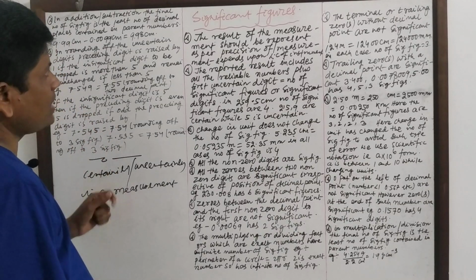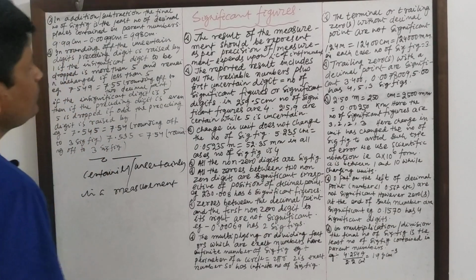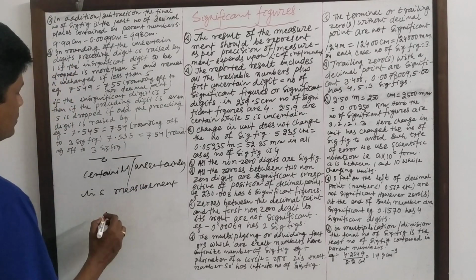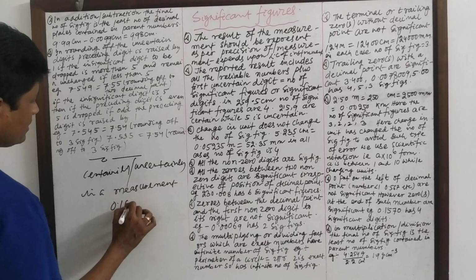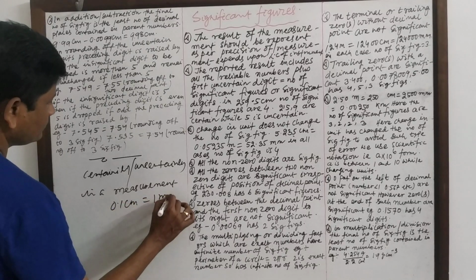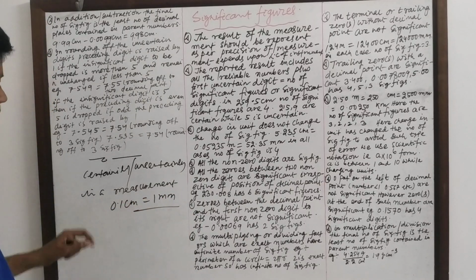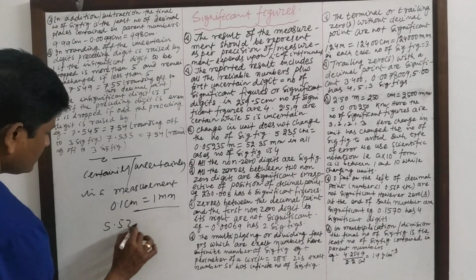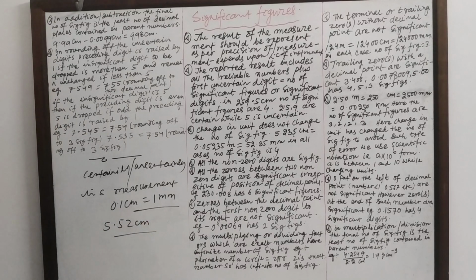If one student is asked to measure the length of a rod using a meter scale whose resolution is 0.1 cm or 1 mm, and he measures the length as 5.52 cm, can he do this?